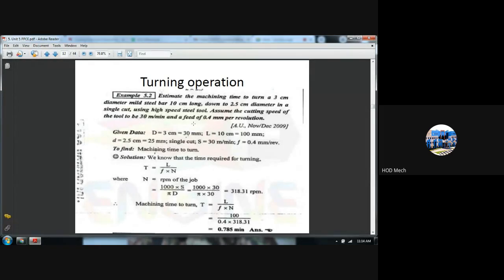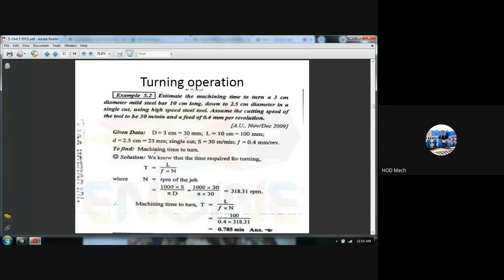Now in this problem, you have to calculate the machining time. The workpiece given to you is a mild steel bar, and the given diameter of the bar is 3 centimeter. Convert it into mm, so it becomes 30 mm. The given length is 10 centimeter, so 100 mm.